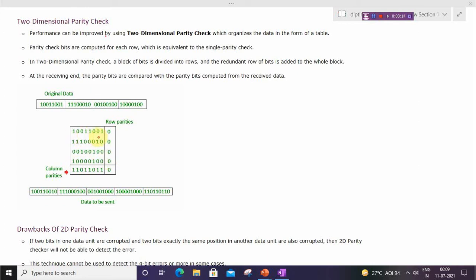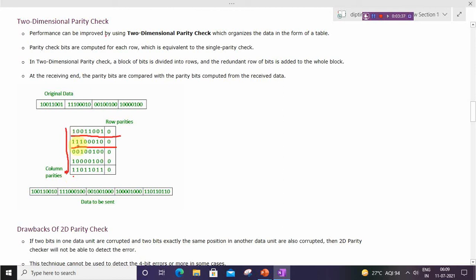Now we have calculated the parity bit row wise. Now we have to calculate the parity bit column wise. For the first column there are three 1s, an odd number of 1s, so the parity bit will be 1.